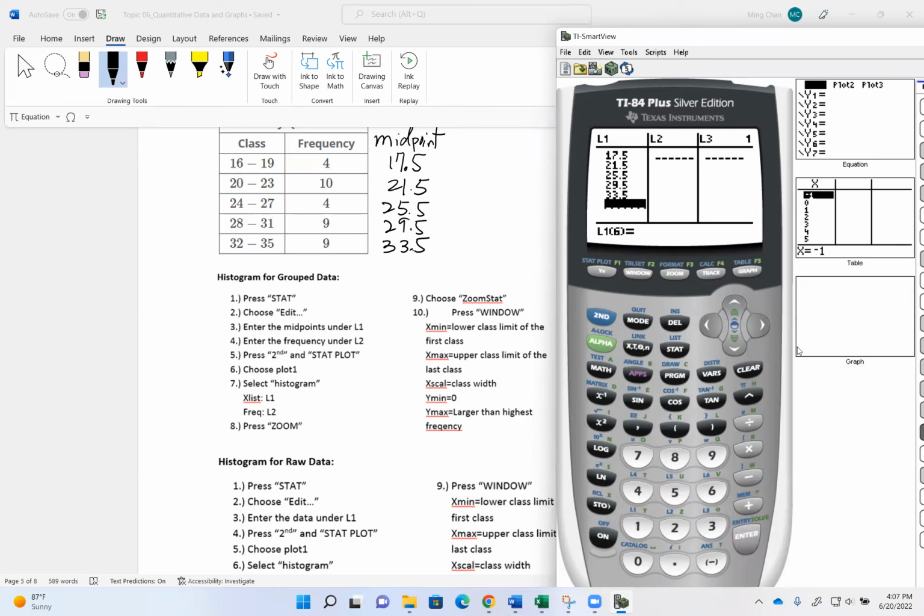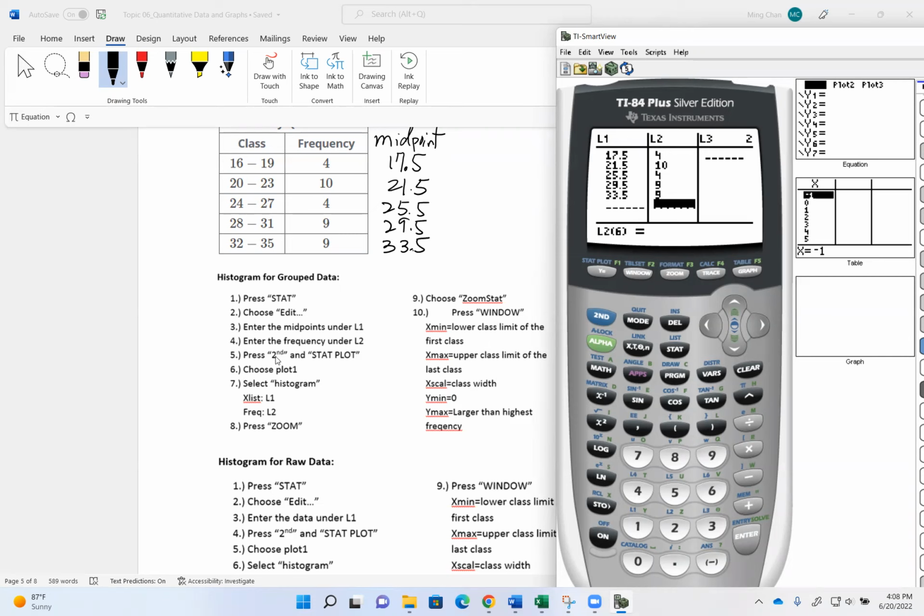Now press the right arrow key. That will put you on the top of L2, lined up with 17.5. So let's enter our frequencies: 4, enter. 10, enter. 4, enter. 9, enter. 9, enter. Make sure that these lists line up exactly. You don't want one extra class with no number on it, or it won't graph for you.